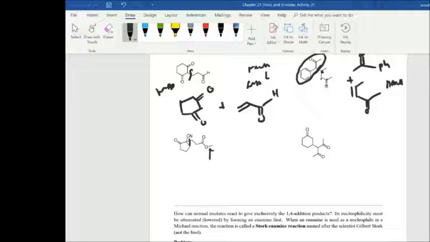You go 1, 2, 3, 4, and you see your Michael donor and your Michael acceptor. So your reagents are going to be this, and you count 1, 2, 3, 4, boom, and then you put the double bond between 3 and 4, and you're good.